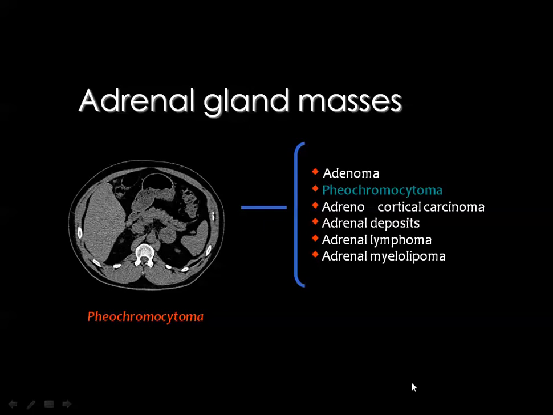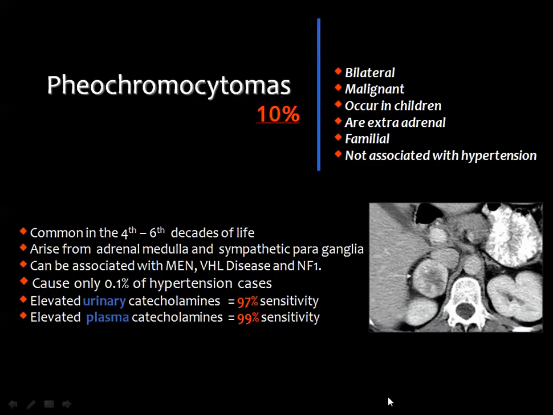Then we came to the pheochromocytoma, which is a tumor affecting the adrenal gland, and the rule of 10% is well known in this particular lesion. 10% of the lesions are bilateral, and 10% are malignant. 10% occur in the pediatric age group. 10% occur outside the suprarenal glands.